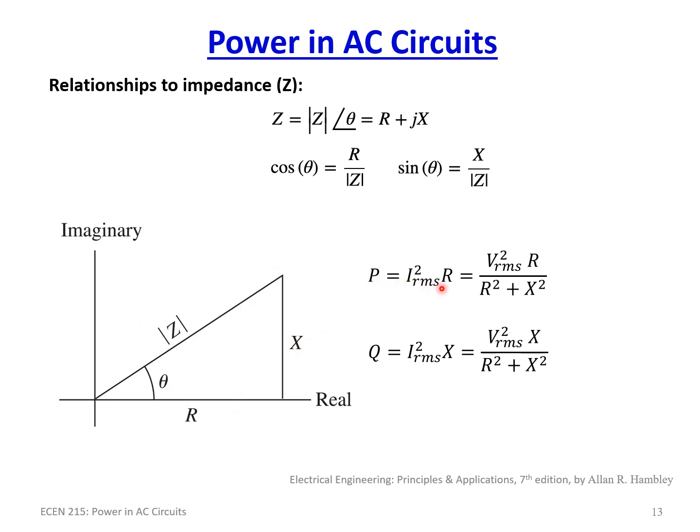And so power is I squared R, or also V squared R over the magnitude, R squared plus X squared, using the RMS values. And then Q is equal to I squared RMS X, and we have V RMS squared X over R squared plus X squared.